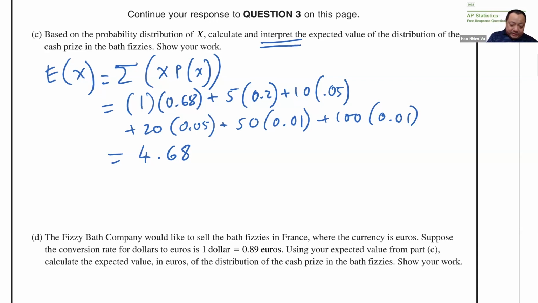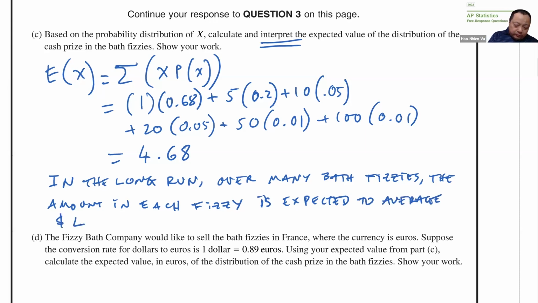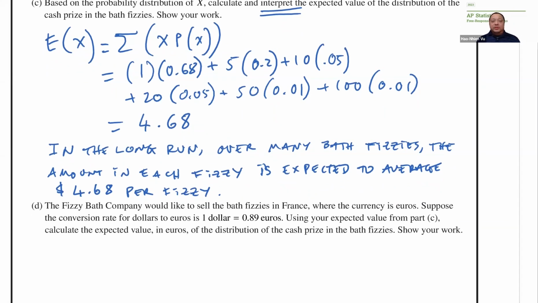So we can say that in the long run, over many bath fizzies, the amount in each fizzy is expected to average 4.68. That's the interpretation of an expected value.